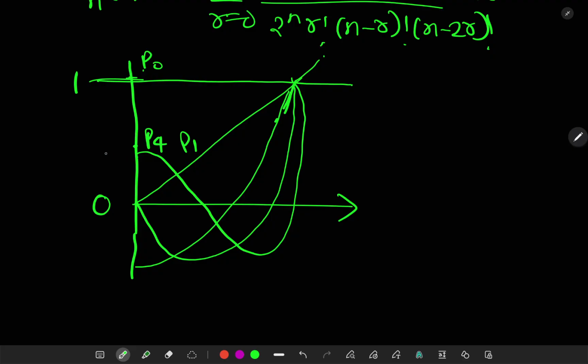This is for P4 and this is 0.5 and this is minus 0.5. And this is P3 and this is P2. This is an important relation in Legendre polynomial.